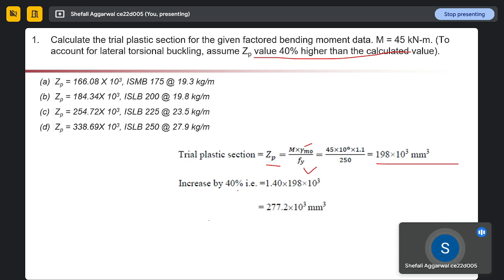Increasing it by 40%, we get our ZP value as 277.2. So we select a section which has ZP greater than the calculated ZP.